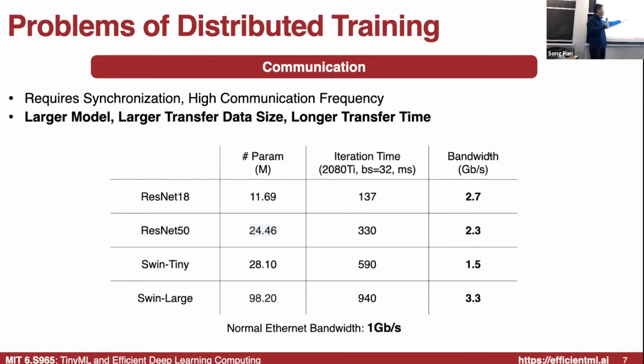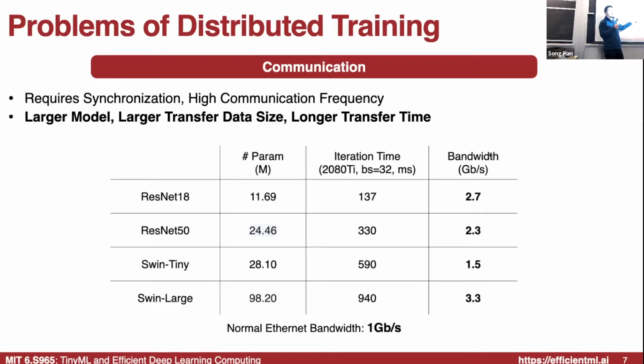For example, here is the bandwidth requirement for different benchmarks during training. This is assuming an NVIDIA 2080 Ti GPU, batch size of 32, and the unit is milliseconds. For ResNet 50, each iteration time is about 330 milliseconds.